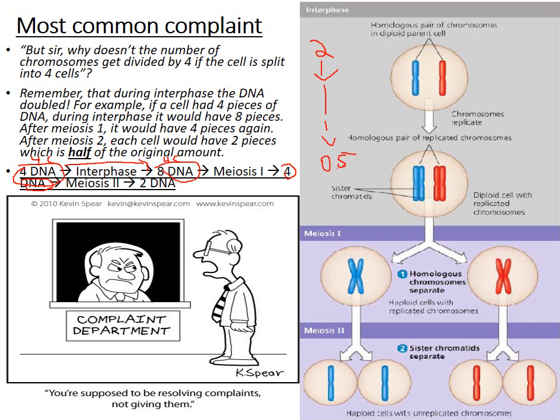And this 4 DNA will be on 2 replicated chromosomes now, because it's split. Now we need to do meiosis 2 to get down to 2 DNA. And that 2 DNA is going to be on 2 chromosomes each.